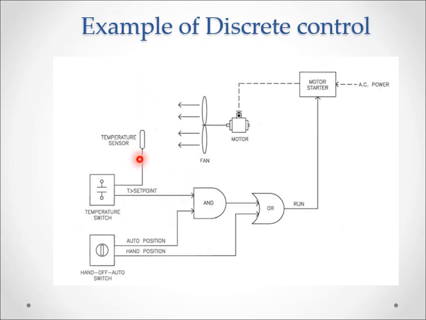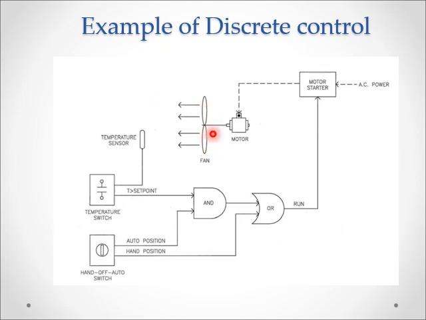So let's say this is an example of a discrete control. What we do here is basically a temperature sensor. There is a set point, and the position of the hand-off-auto switch will cause the motor starter to turn this fan on and off.